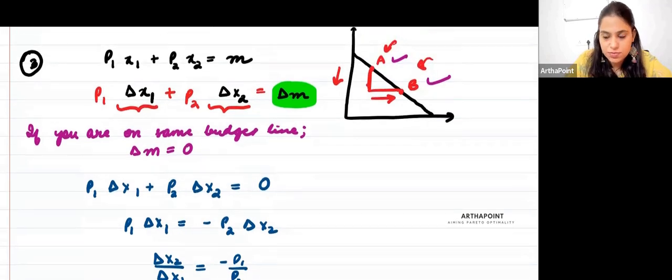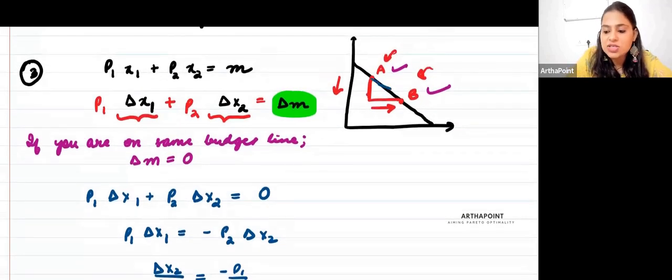If you notice, if I ask you what is the slope from AB, I told you that slope is perpendicular by base. What is coming on perpendicular? The change in amount of good 2. So perpendicular is change in X2. What is coming in base?